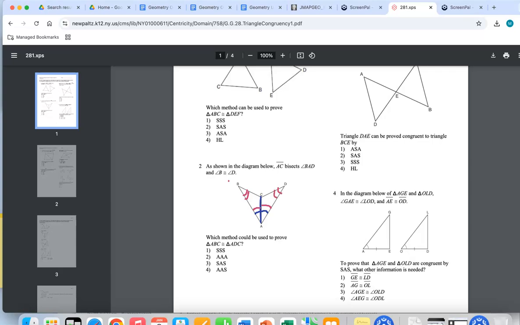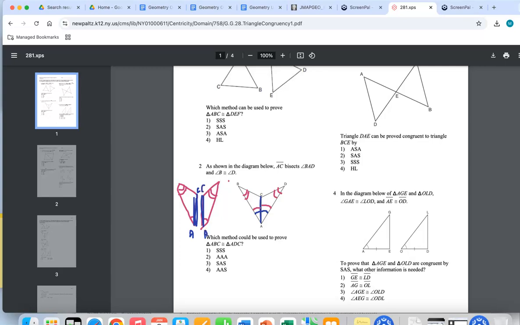And now if you were to draw these triangles separately, which I strongly recommend for situations where two things overlap, we have this angle congruent to this angle, and this angle congruent to this angle. You should realize that this side right here, I'm going to mark it up, is the same as this side because it's the same letters, CA and CA.